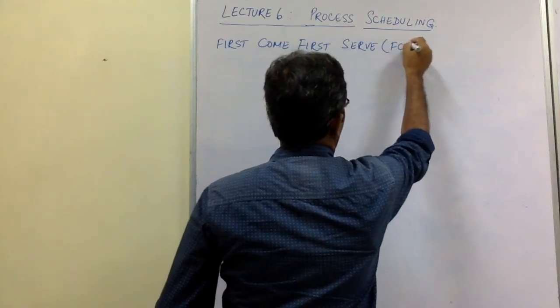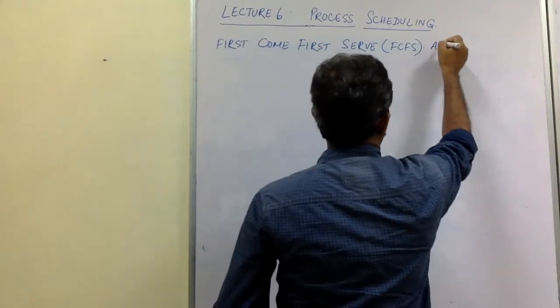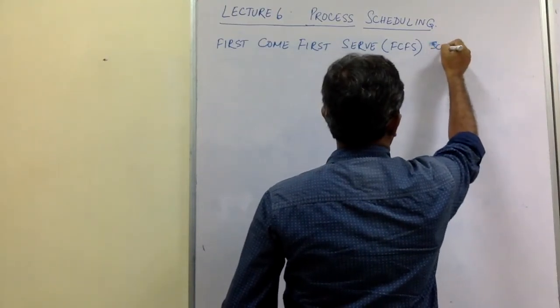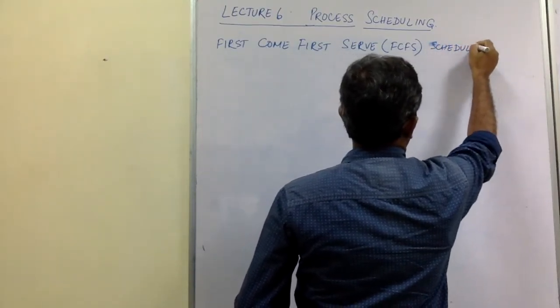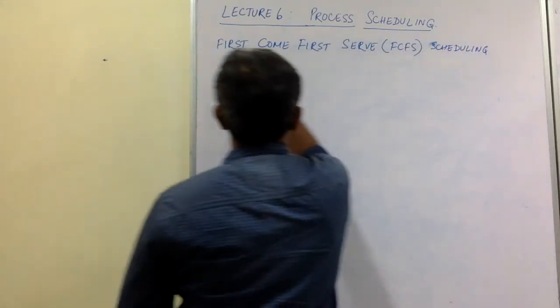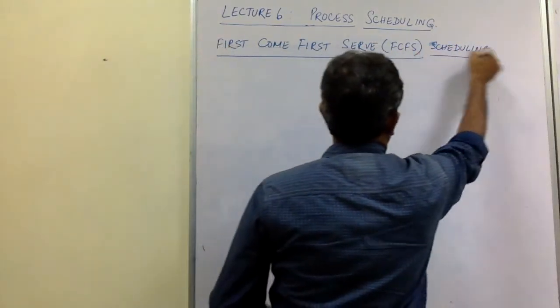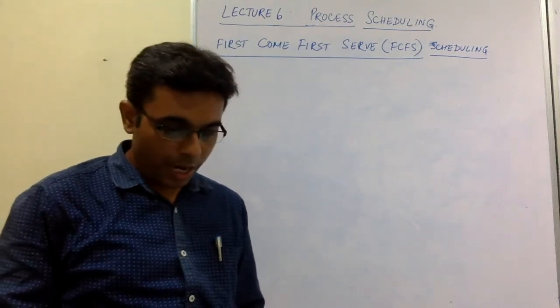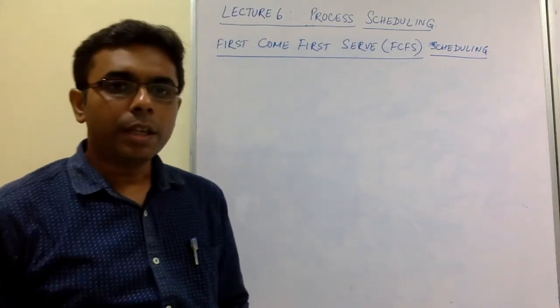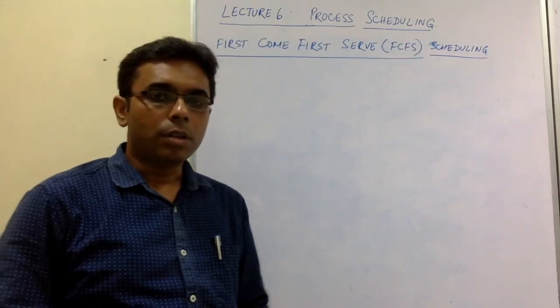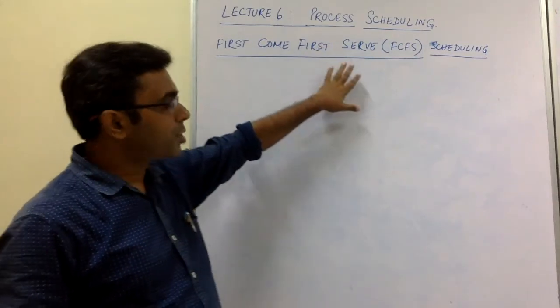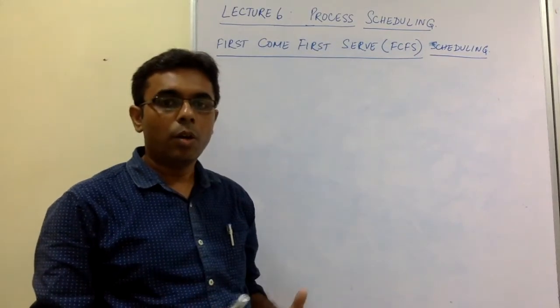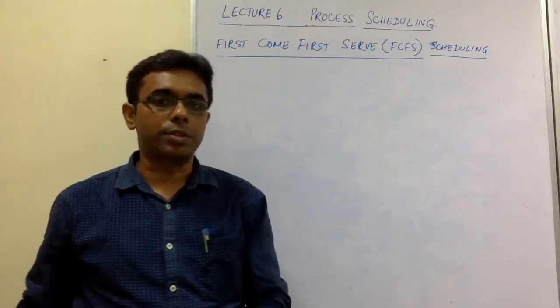Or we call it the FCFS scheduling. As you may have guessed from the name, it's the simplest of all the algorithms, and the idea is that the processes which came earlier will be allowed to execute first.